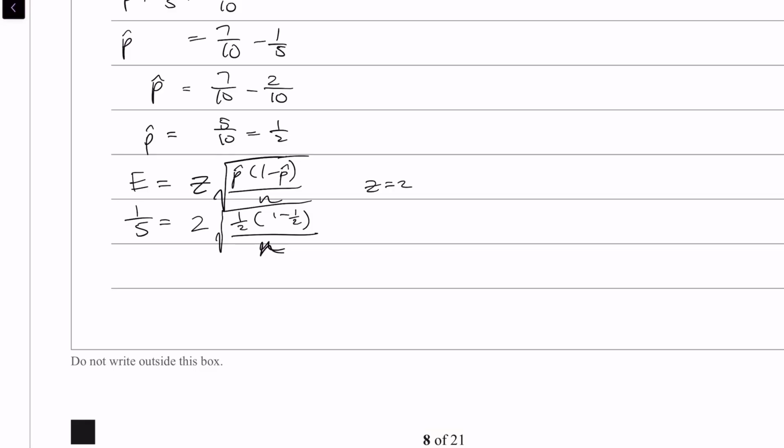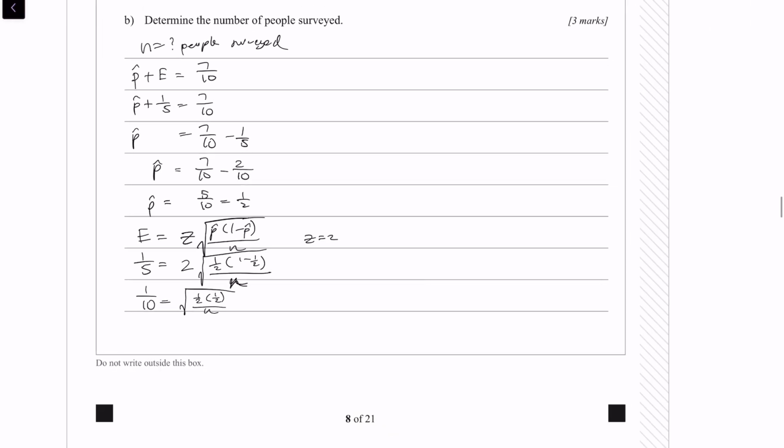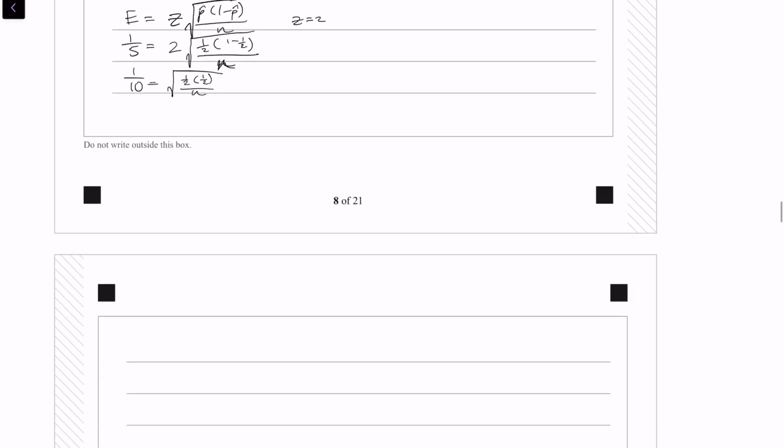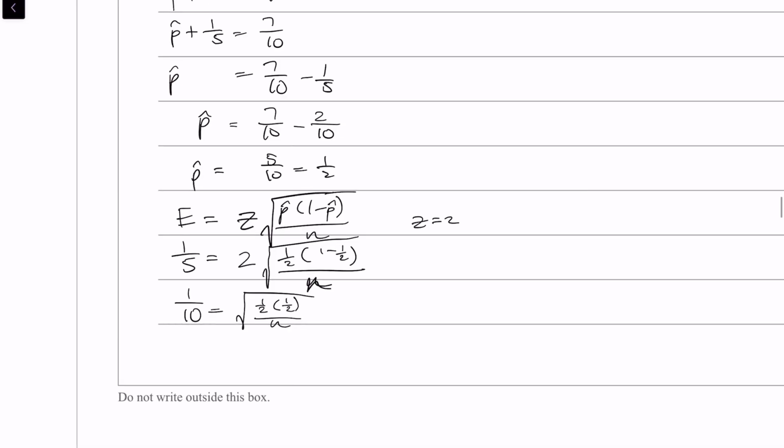So that'll give me 1 over 10 equals the square root of a half, and then I might do 1 minus a half, which I know is a half, over n. Okay, and going down to get rid of the most outside component of the right hand side, I will square both sides.